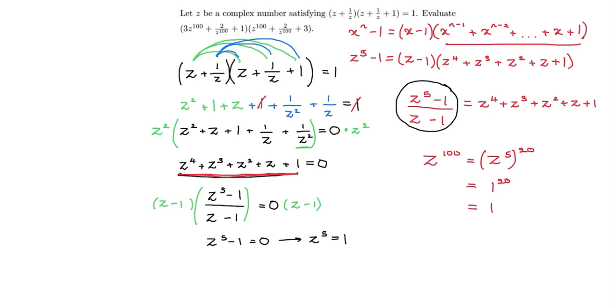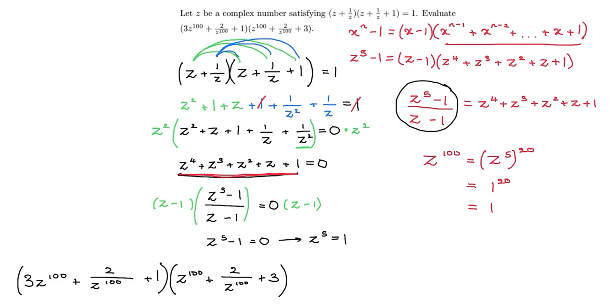So now we have everything we need to solve our expression. Let's write it over here. Three times z to the power of 100 plus 2 over z to the power of 100 plus 1, times z to the power of 100 plus 2 over z to the power of 100 plus 3.